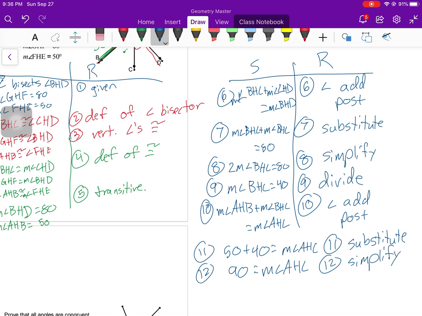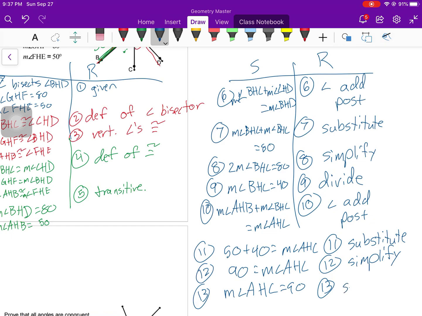and most of the time I'll be done here and I'll say that's good, but technically we have one more step because we were actually wanting to prove measurement of angle AHC equals 90, not that 90 equals the measurement of angle AHC. It's a little bit of semantics. So if you remember our transitive property, our commutative property, and our associative properties, and our symmetric properties, and all that fun stuff.